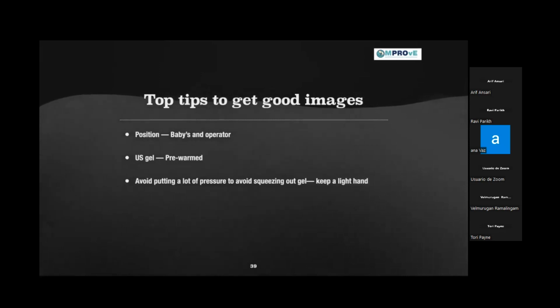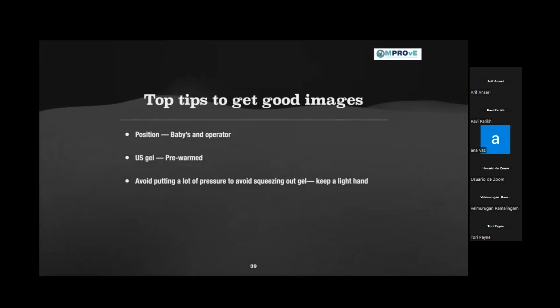Now, if the baby was supine and has been put prone just prior to your scan, you will see more wet lung and more B-lines on that image. So it becomes very important what position the baby has been kept in.